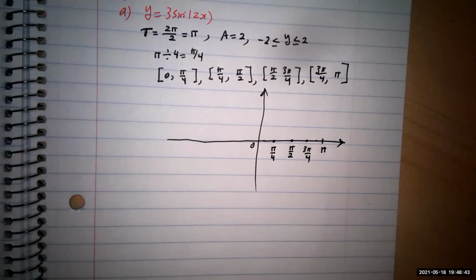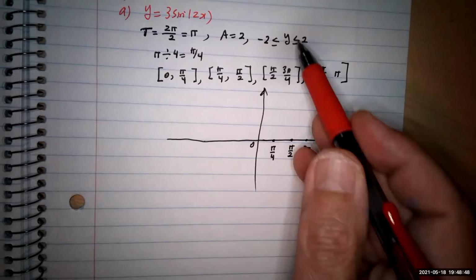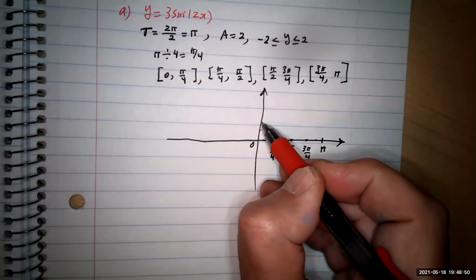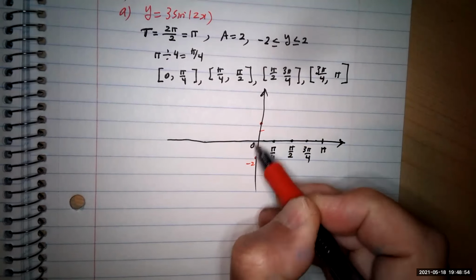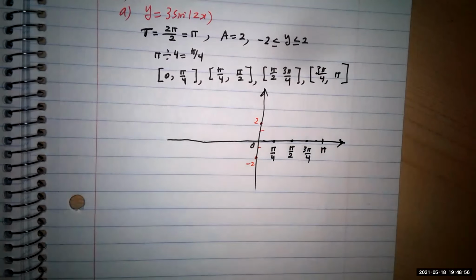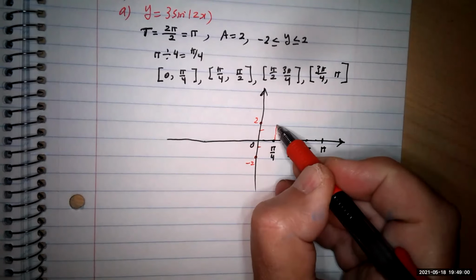Now the sine starts at the origin, because the sine of 0 is 0. It can go up 2 units, and go down 2 units. So with the sine, we start at the origin, then we get to the maximum at the first point.